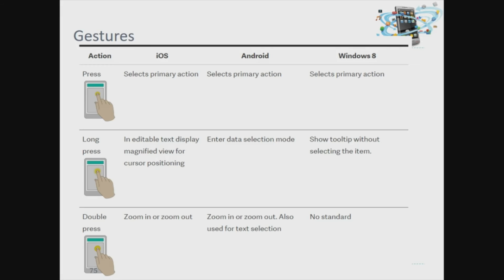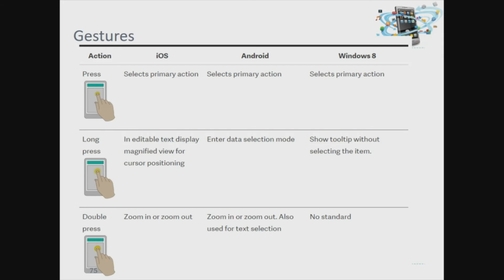Okay, so this is more information regarding the gestures. The action for press is to select the primary action. For long press, to edit, or to select certain sentences for copying data.